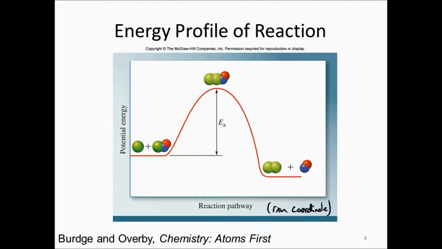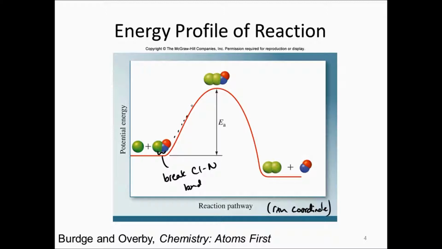on the x-axis. Here you see we have the reactants. Now as the chlorine atom comes in, you're starting to form that bond, and you're starting to break the other one. The other thing that has to happen is you have to break the Cl-N bond.